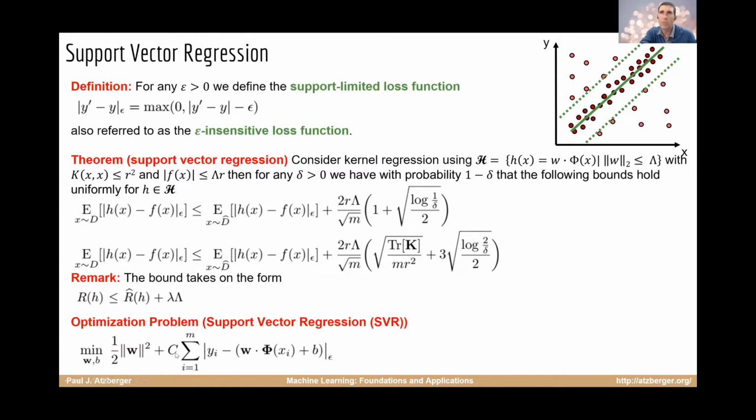So you can think about C as being effectively lambda inverse. I put it in this way so that it would look similar to when we did the non-separable support vector machine. You can see it's essentially the same objective, where this is like the slack variables, and on the left here is the usual L2 norm on the weights. So that's hence the name, support vector regression.